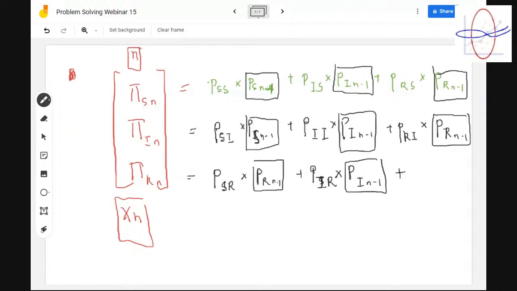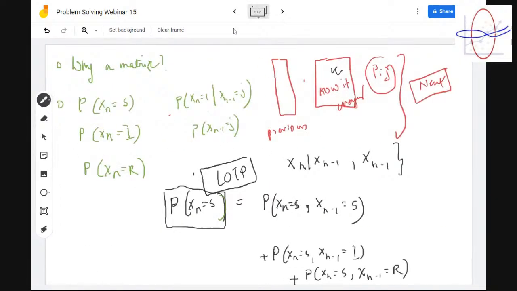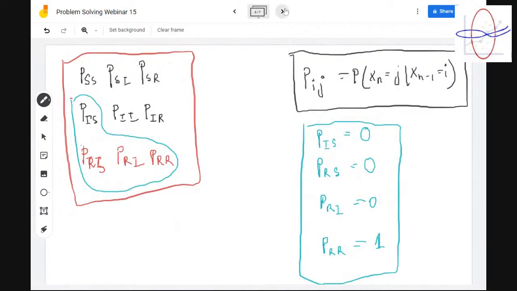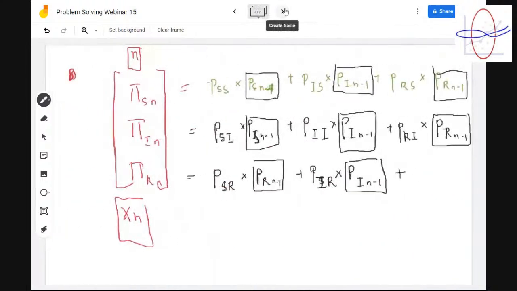Suppose I am infected with HIV, the probability of me becoming susceptible again is 0. We have understood that PIS is 0. But the probability of me being infected, from not being infected with HIV, is not 0. It's not symmetric. Did you understand that? Good.